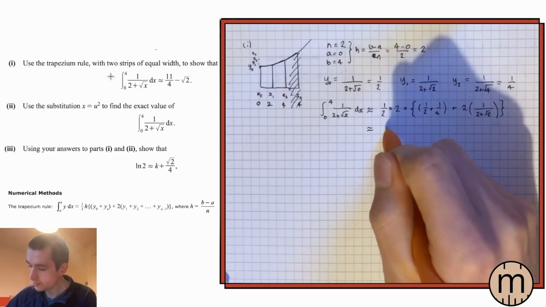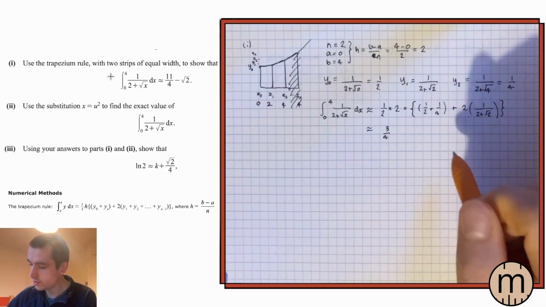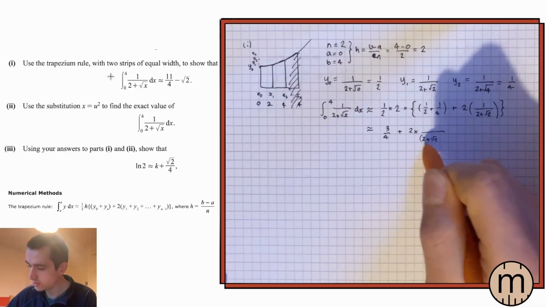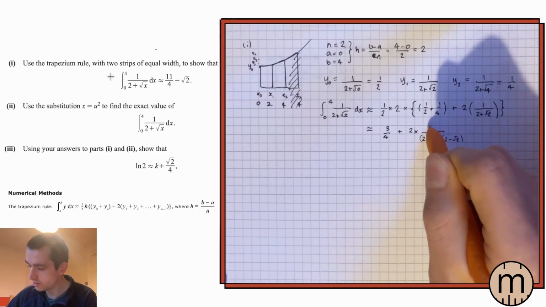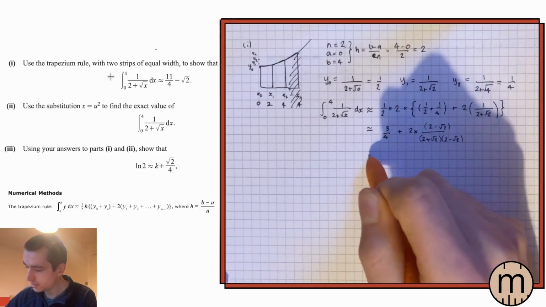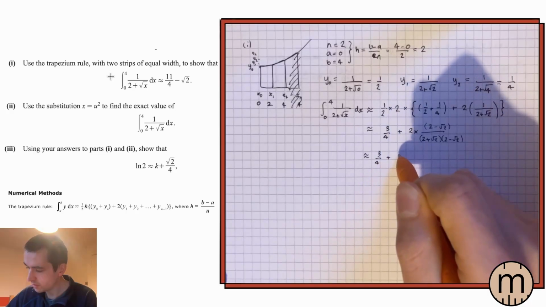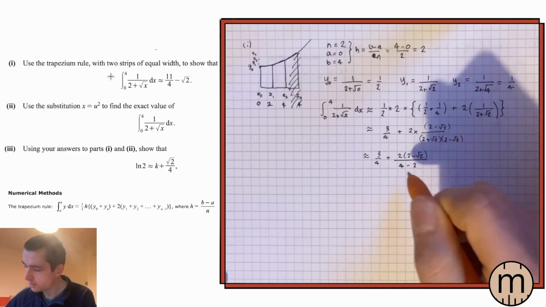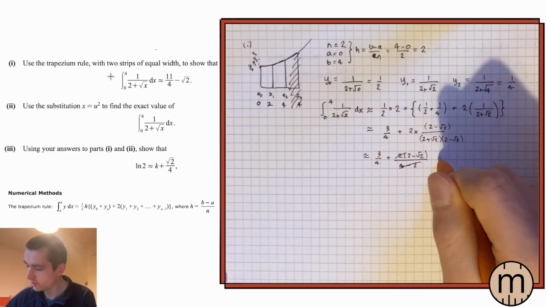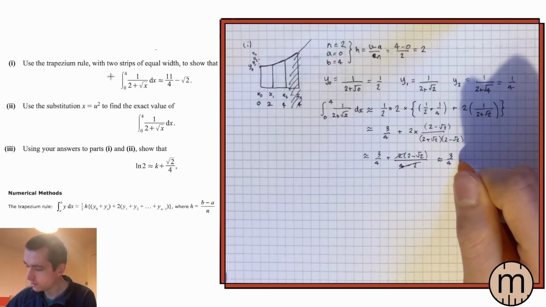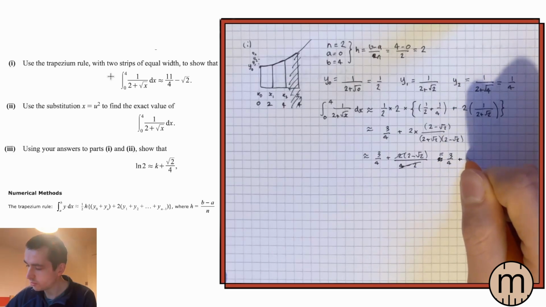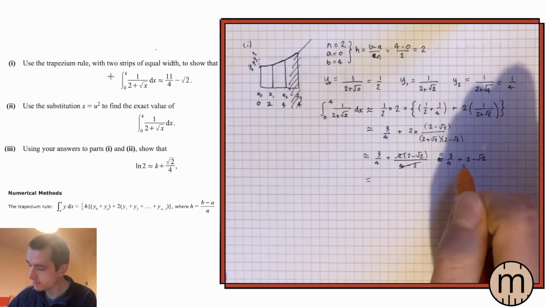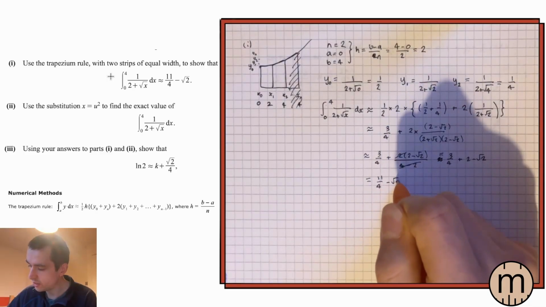1/2 times 2 is 1. 1/2 plus 1/4 is 3/4. And then I'm going to add 2 lots of, I'm just going to rationalize the denominator here, like this. 2 lots of this, 4 minus 2, that's equal to 2, cancels with the 2. 3/4, I really should do an equals here, 3/4 plus 2 minus root 2, which is equal to, adding 8/4, so 11/4 minus root 2.